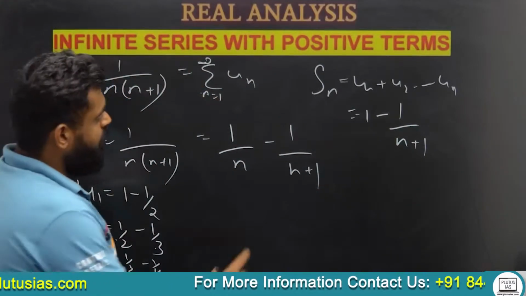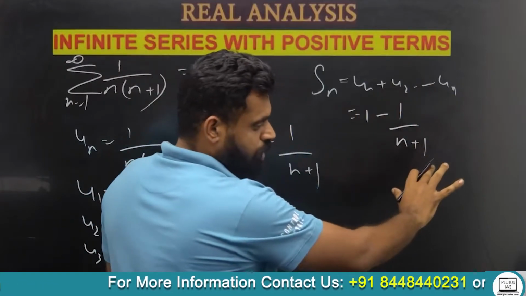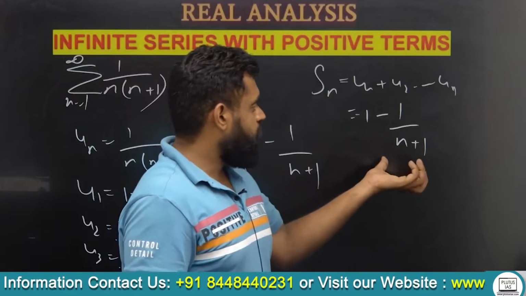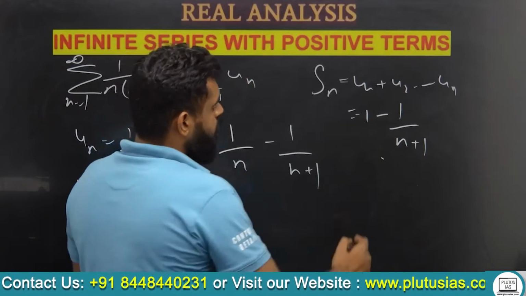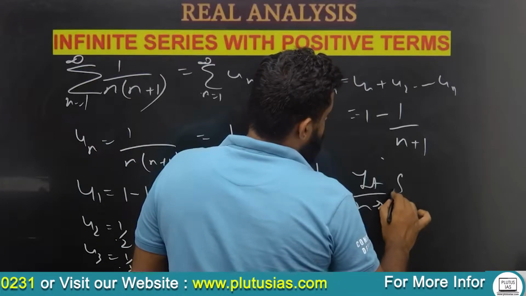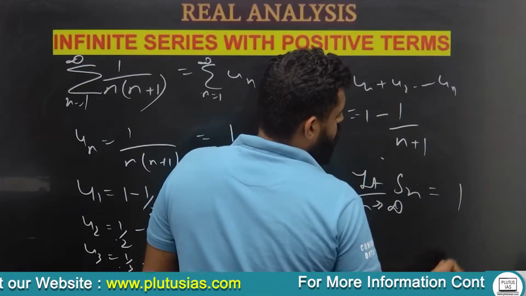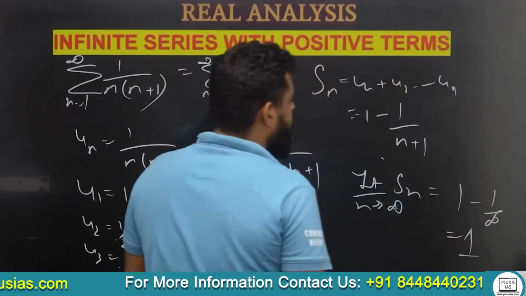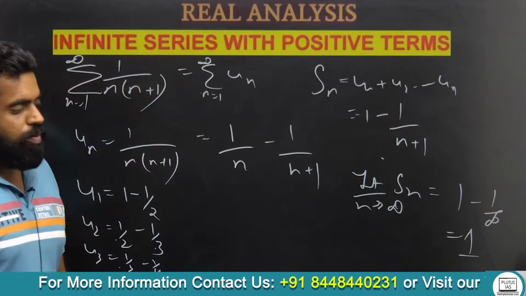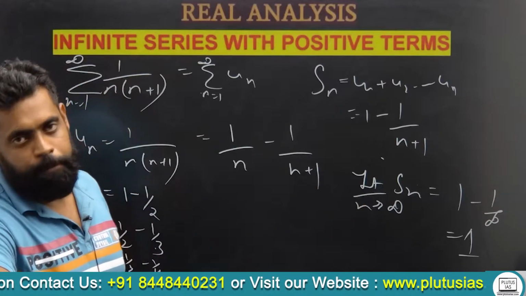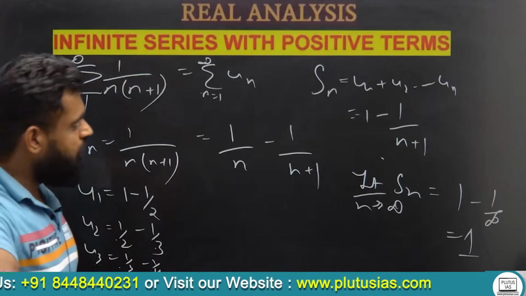So Sn is this. It will form a sequence with the general term 1 minus 1 upon n plus 1. And if we take limit n tends to infinity, Sn would be 1 minus 1 upon infinity, that is 1. So we can say that this series is convergent to 1. Okay, so this is convergence.